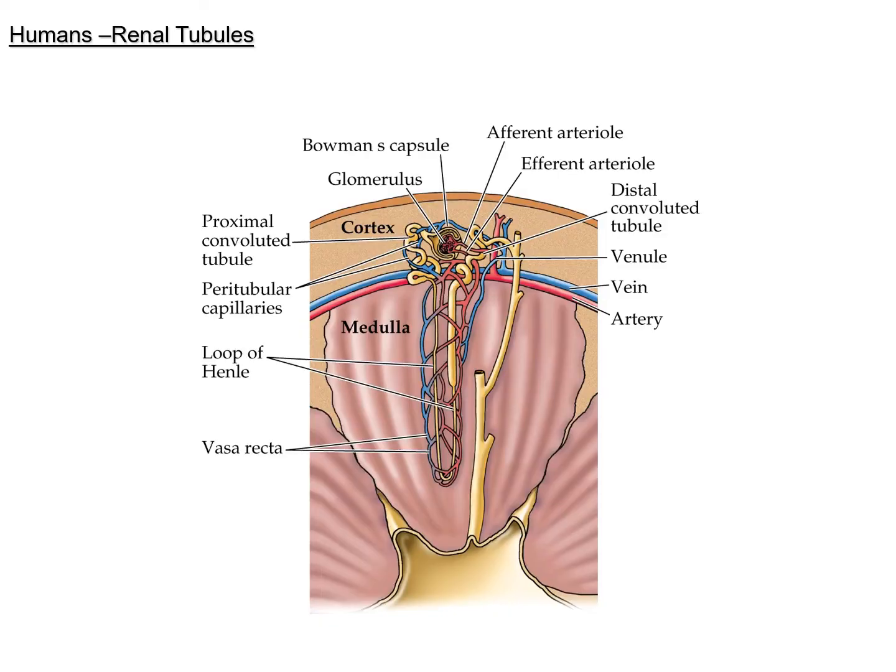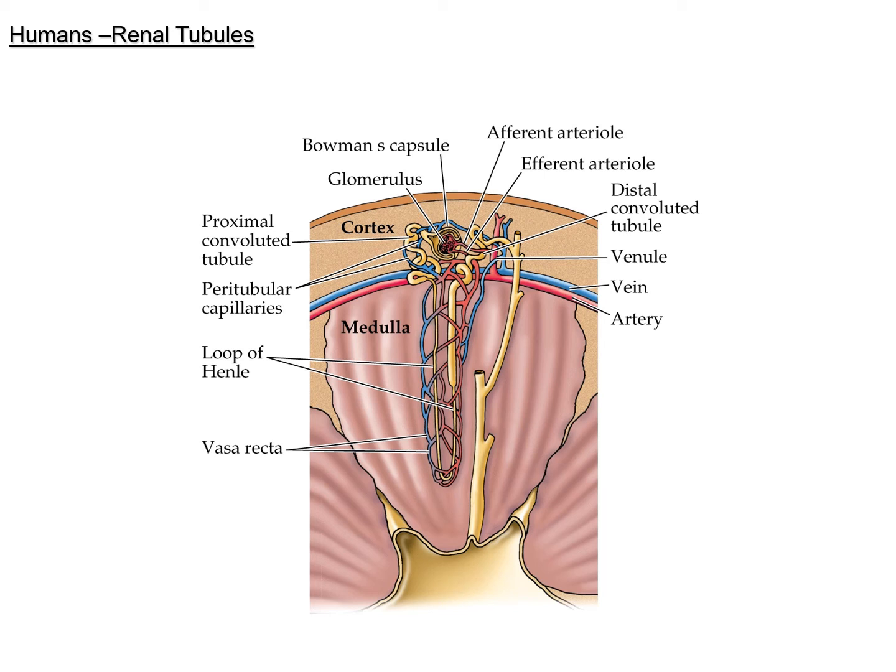So if we look at a magnification, I have to point out to you that there are 1 million nephrons in each kidney, and so just for illustrative purposes, this artist has made a nephron much, much, much bigger than it actually is. So they're much tinier.